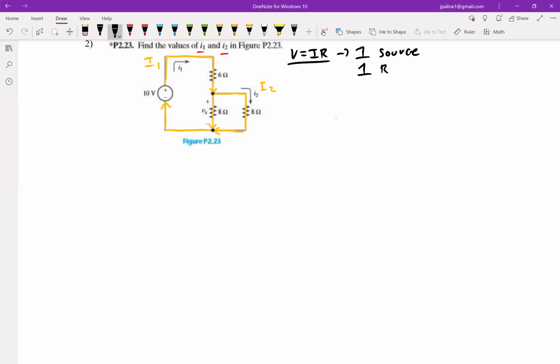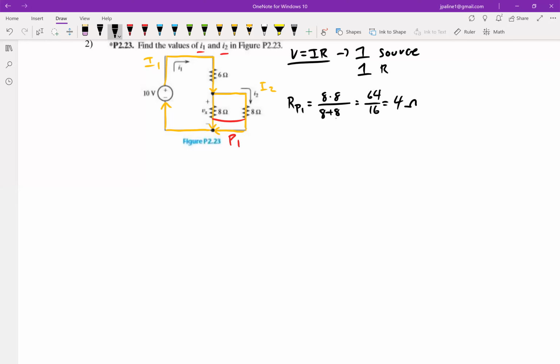So if we look at here, we see that these are in parallel. And if we go and combine those down in parallel real quick, we'll see R parallel 1 will be 8 times 8 over 8 plus 8, 64 over 16, which will give us 4.